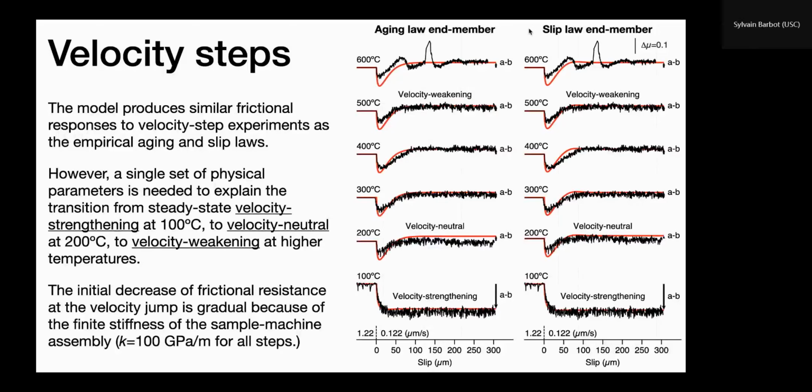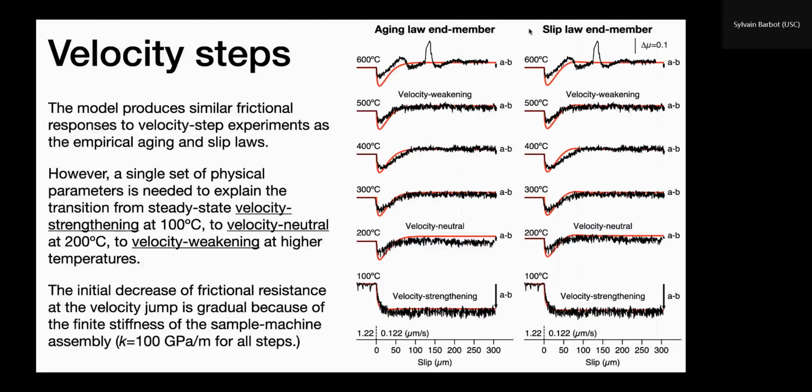And the model can reproduce these observations, these different velocity dependences at steady state. So what's important here is that the physical model of friction, of rate, state, and temperature dependence predicts more data than an empirical model of rate and state with constant coefficient.